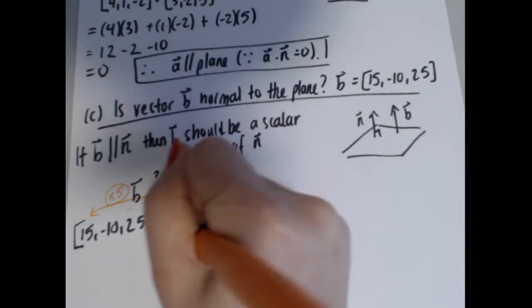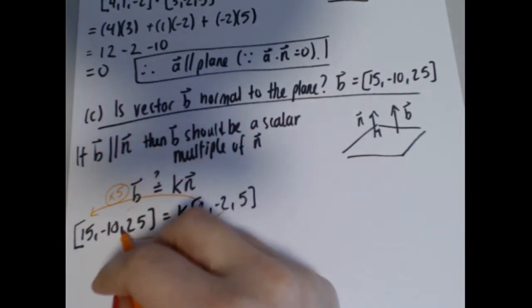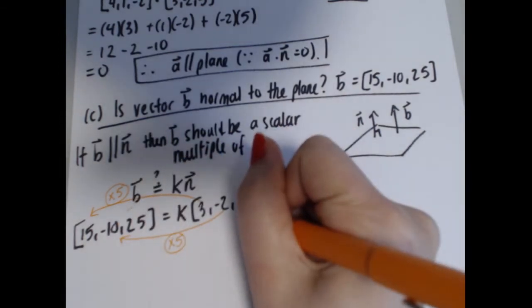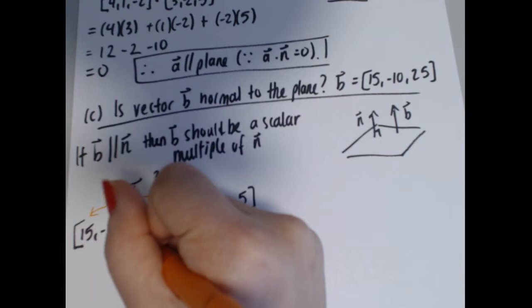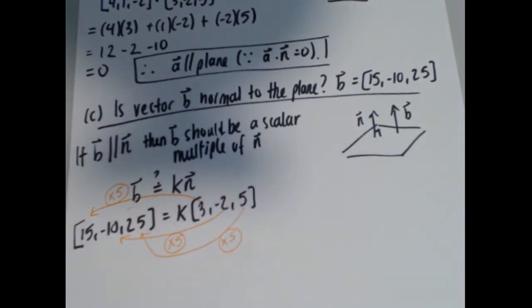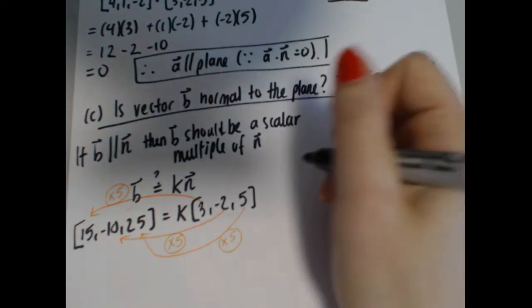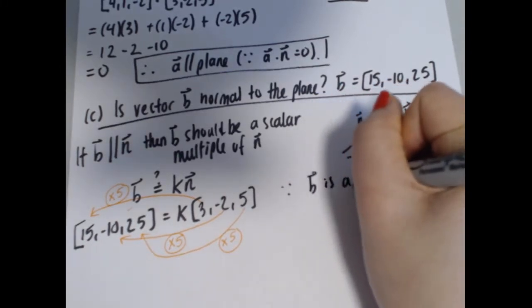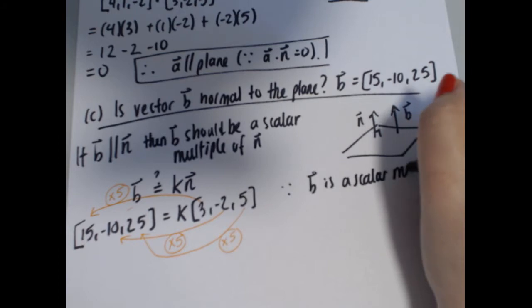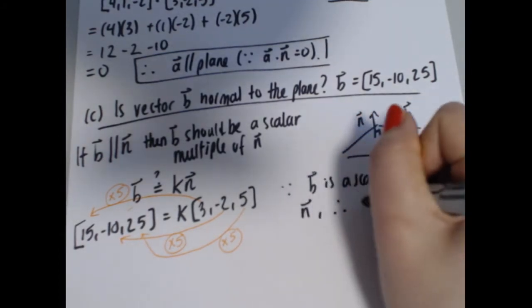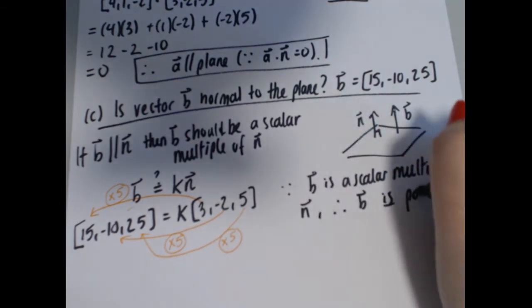All right, so from y to y, -2 times 5 is -10, so that's also 5. And sure enough, from 5 to 25, I have to multiply by 5. So since in every case the scalar multiple is the same, it's 5. Therefore, B is parallel to N. So since B is a scalar multiple of N, therefore B is parallel.